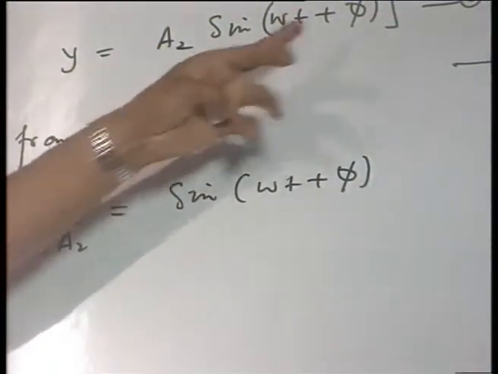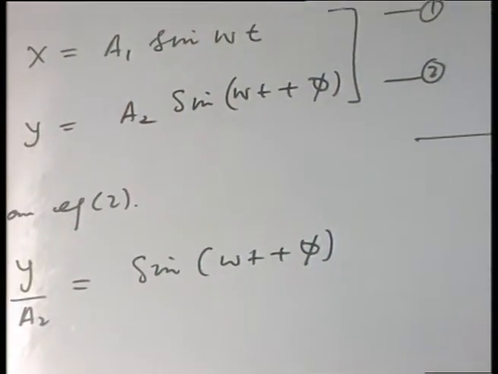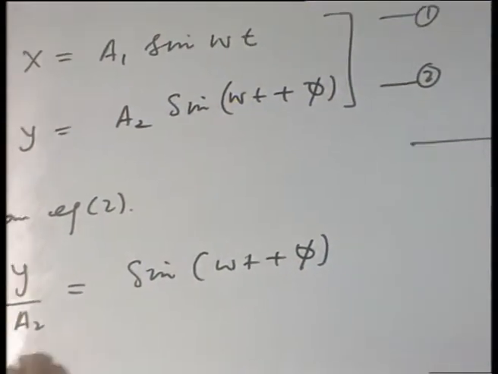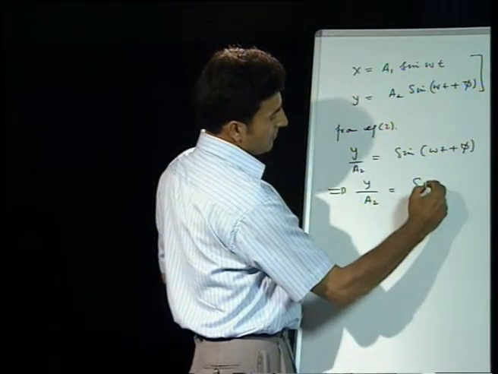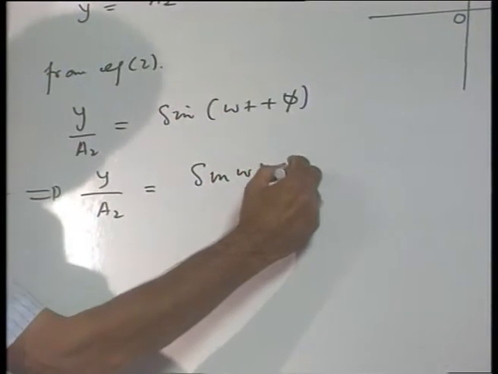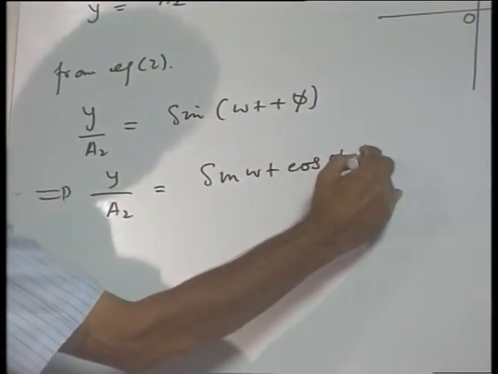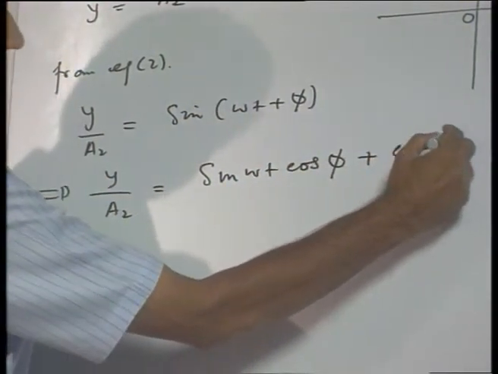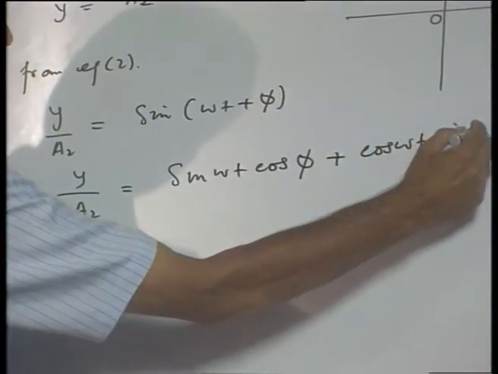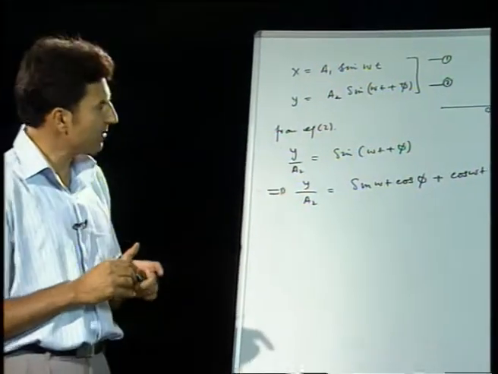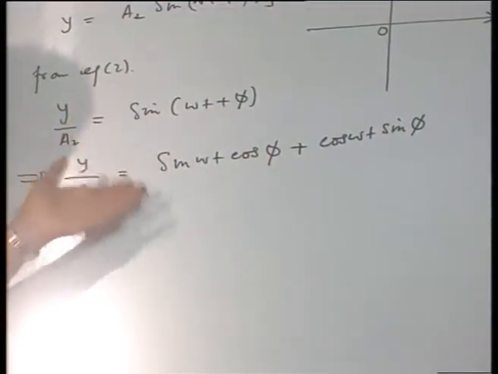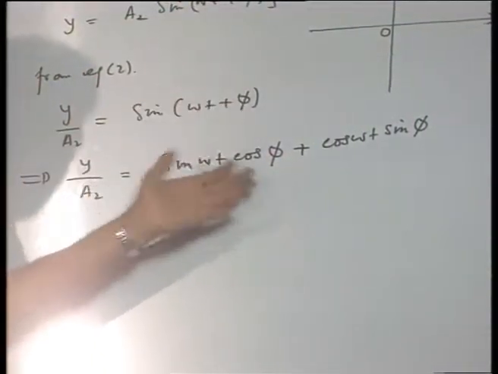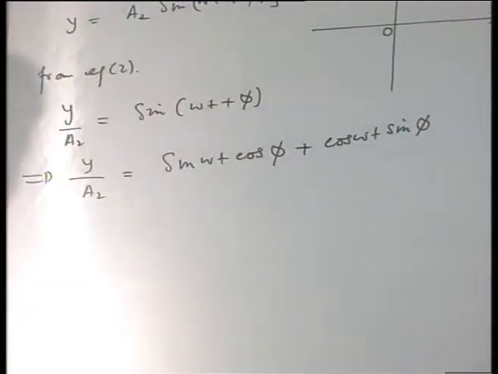This equation I get from equation 2. So if I expand this equation, y by a2 is sine omega t cos phi plus cos omega t sine phi. This is simply an expansion according to the rule of mathematics, sine omega t cos phi plus cos omega t sine phi.